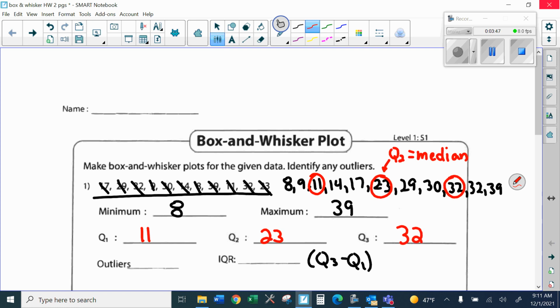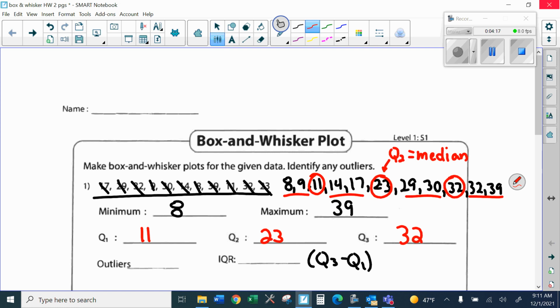What that means is that there's 25% in each one. 25% here, 25% here, 25% here, and 25% there, for a total of 100%. So if it were to ask you what percent of the numbers are above 11, you'd have 75%.